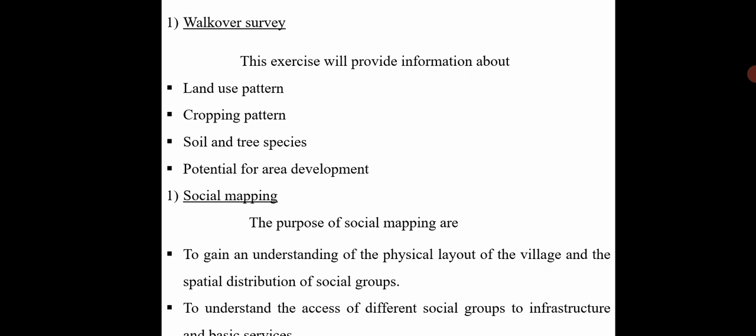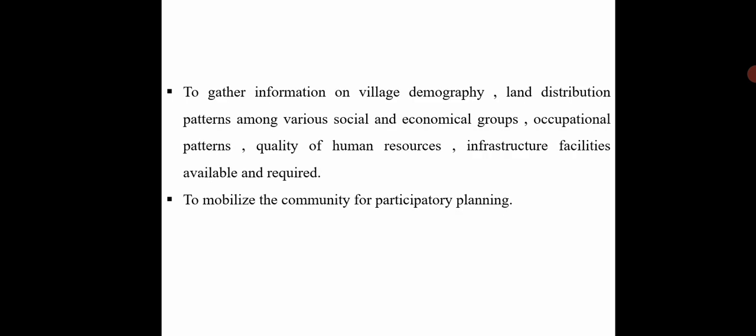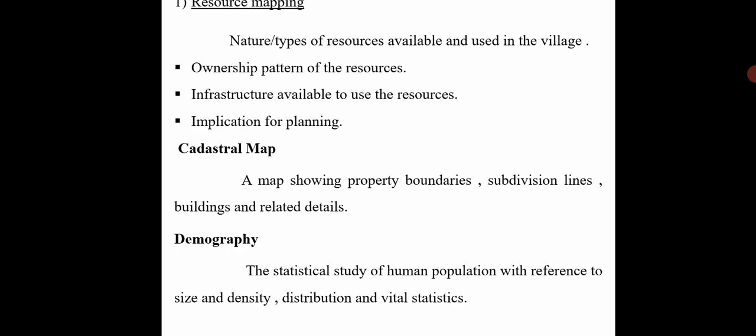Social mapping: the main aim of doing this social mapping is to gain an understanding of the physical layout of the village and the spatial distribution of social groups, to understand the access of different social groups to infrastructure and basic services, to gather information on village demography, land distribution patterns among various social and economic groups, occupational patterns, quality of human resources, infrastructure facilities available and required, and to mobilize the community for participatory planning.